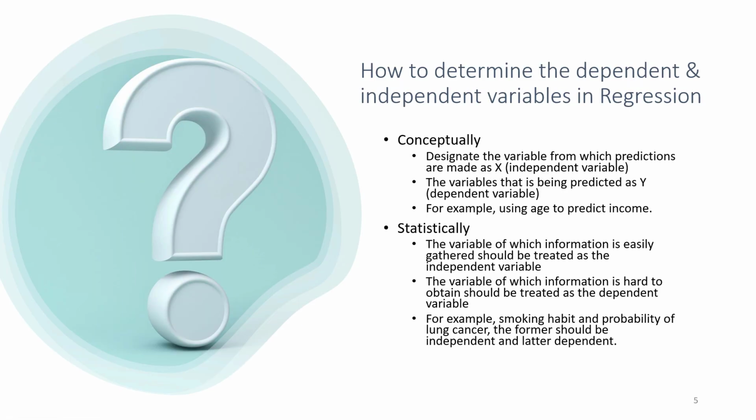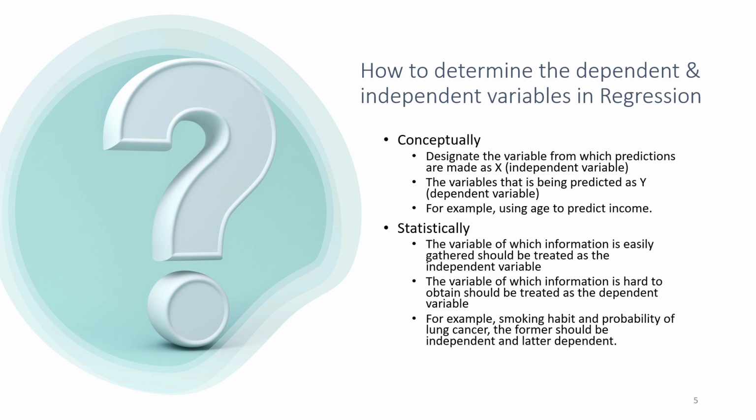If you are uncertain about the variable selection, you can approach it from a conceptual perspective by designating the variable from which predictions are made as x, the independent variable, and the variable that is being predicted as y, the dependent variable. For example, it is reasonable to use age to predict income, not the other way around.